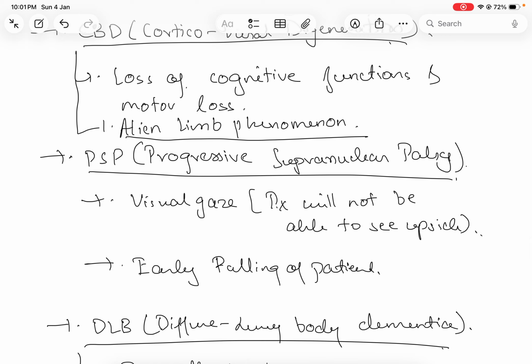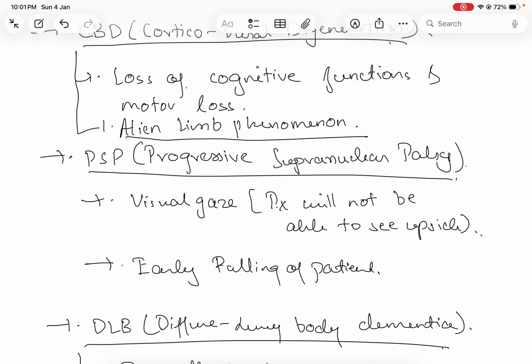Now coming up to the third one, which is PSP, progressive supranuclear palsy. In progressive supranuclear palsy, the patient usually presents with symptoms such as visual gaze palsy, where the patient will not be able to look upwards or move his eyes upwards because of the loss of movement of the extraocular muscles of the eye, and there will be early falling of the patient.